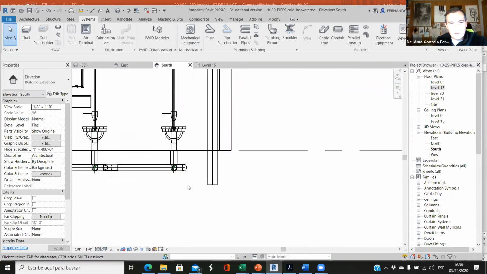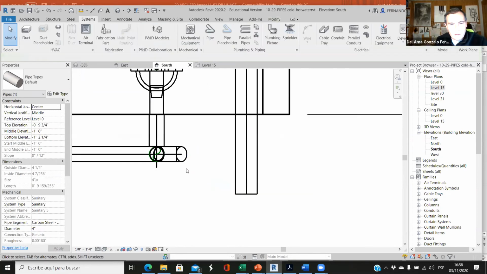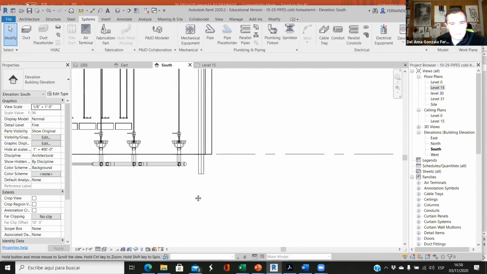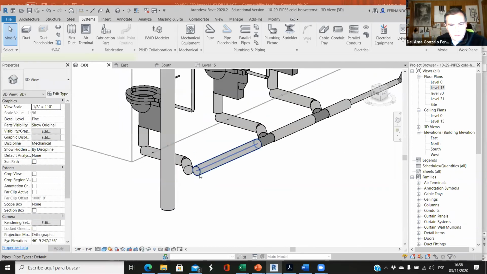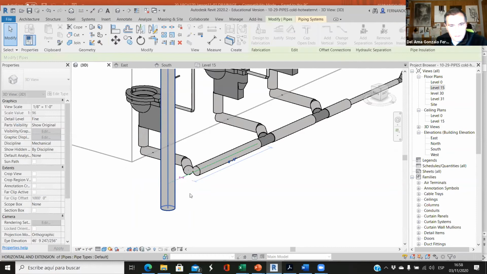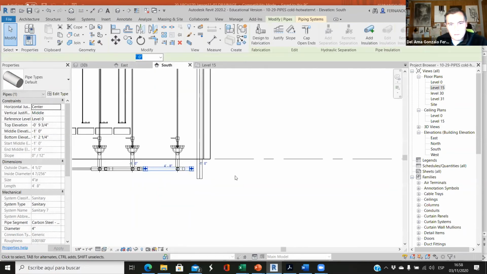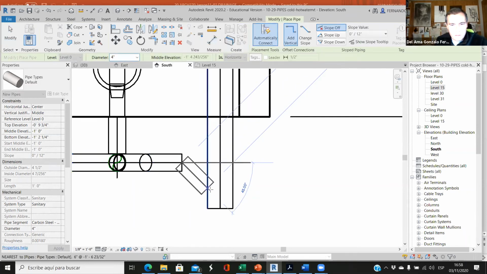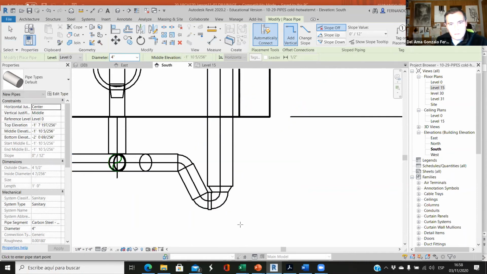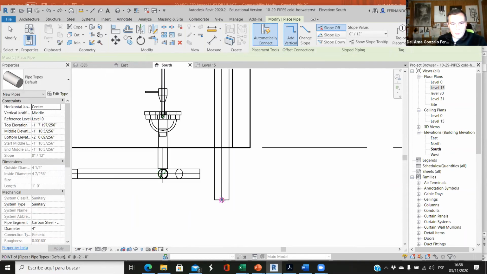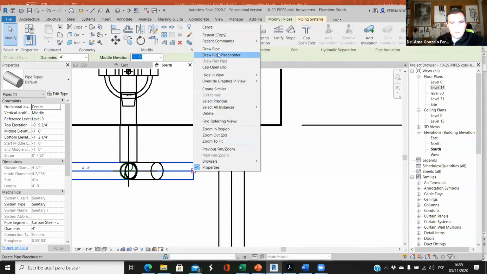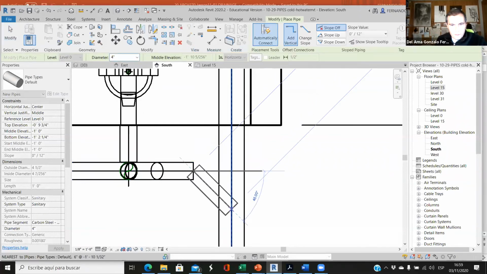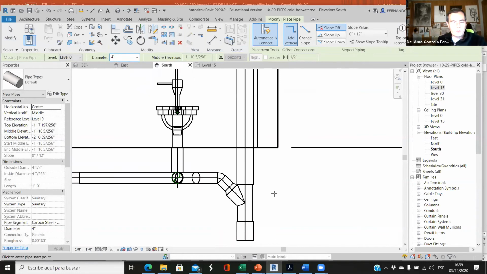So on the south elevation, no, not on the south elevation. Well, look at this. If I don't have enough distance, something weird will happen. So I need to make this longer. And then I need to, with 45, there you go, that works well.